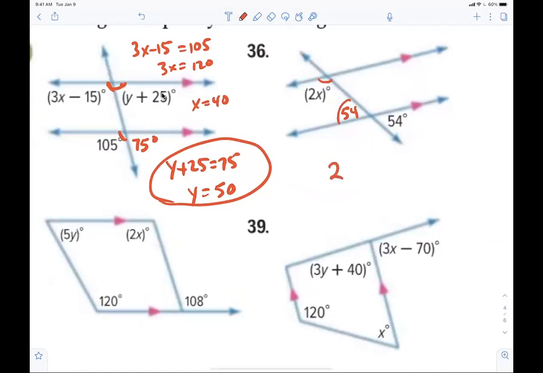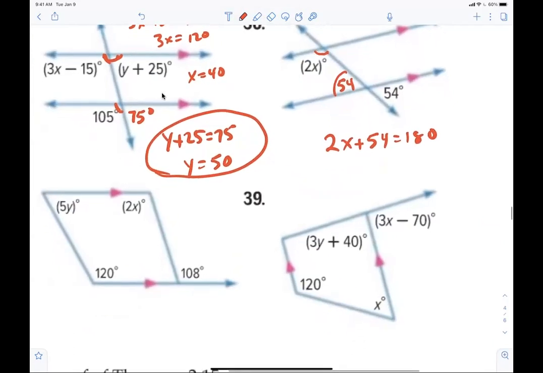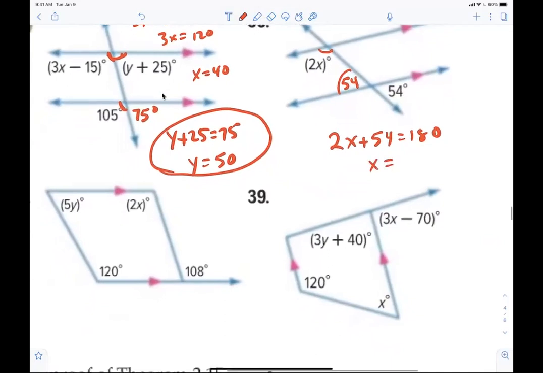So those two things, 2x plus 54 has to equal 180. Anybody have any issues with that? So what does x equal? Yeah, 63, right? Anybody? Yes. Why is 2x plus 54 180? Well, what do you think it is?